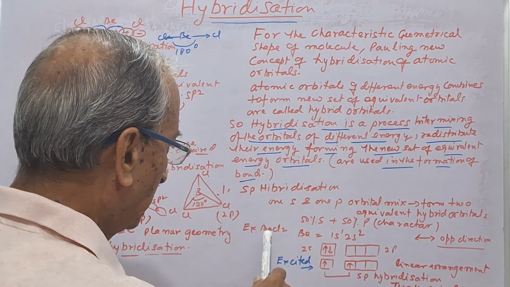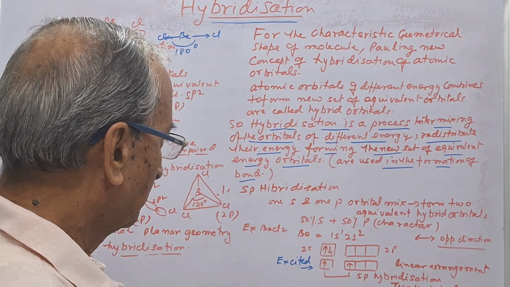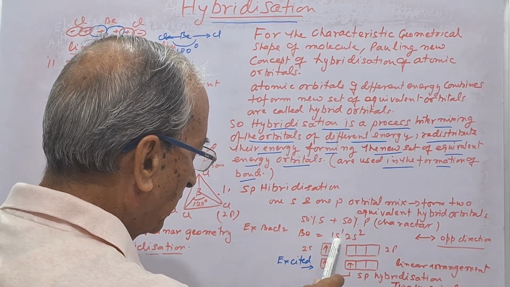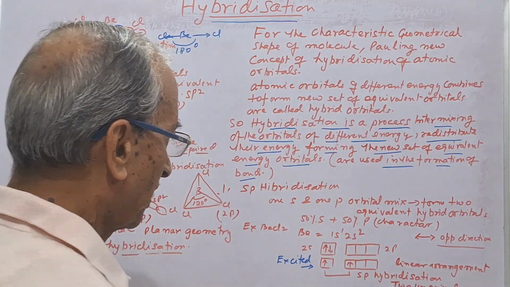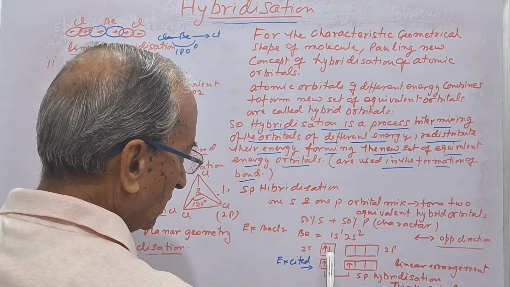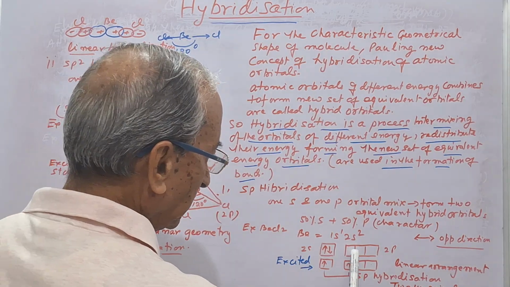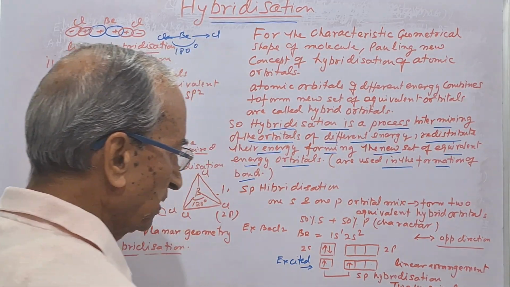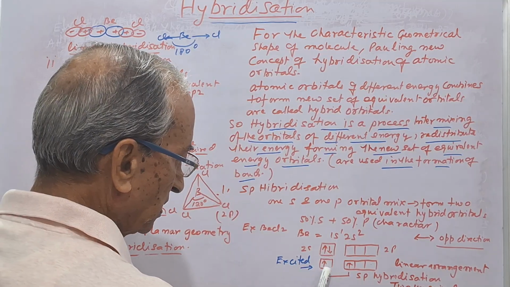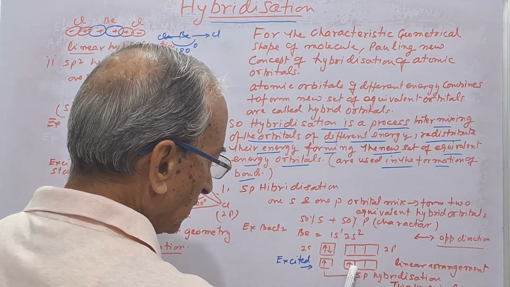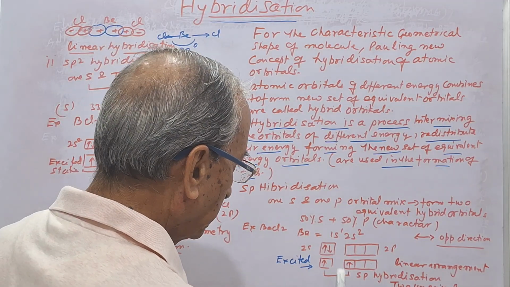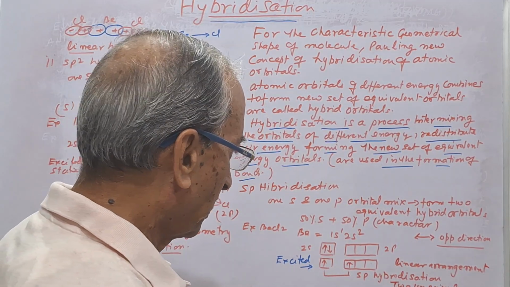If we take an example of beryllium chloride, the beryllium configuration is 1s2 2s2, and the 2p orbitals are vacant. Now in the excited state, one of the electrons of the 2s is promoted to the p orbital. That gives two unpaired electrons.